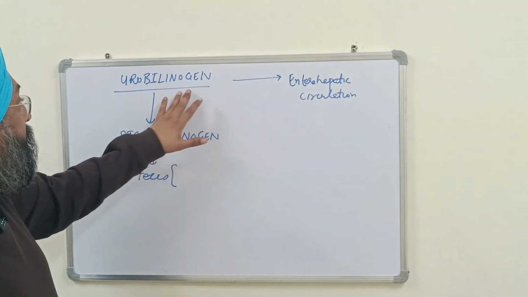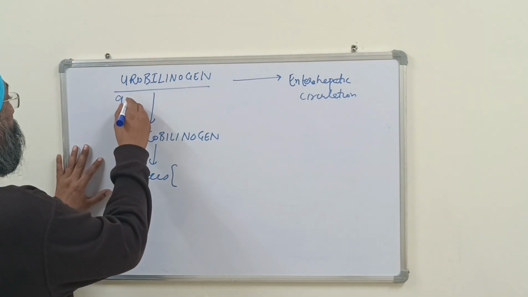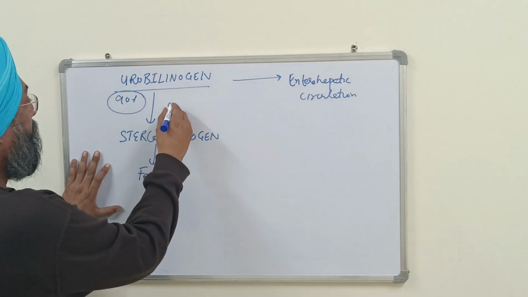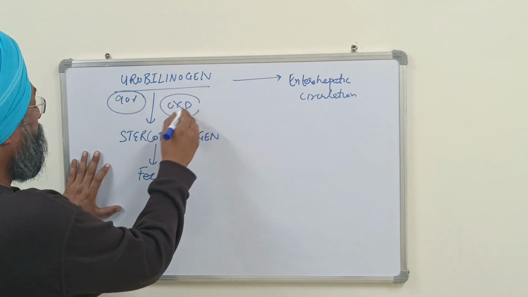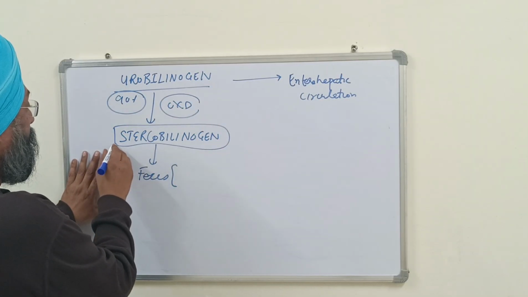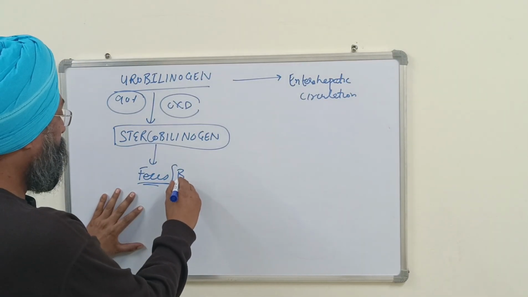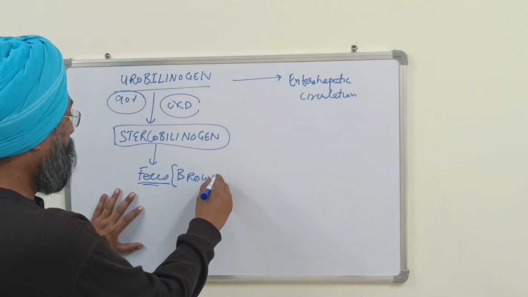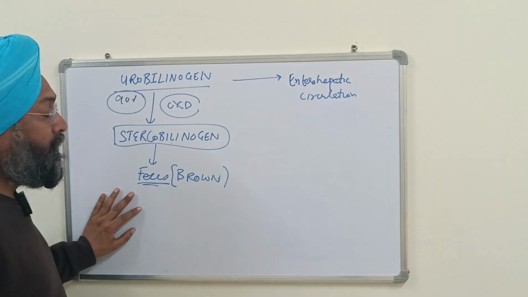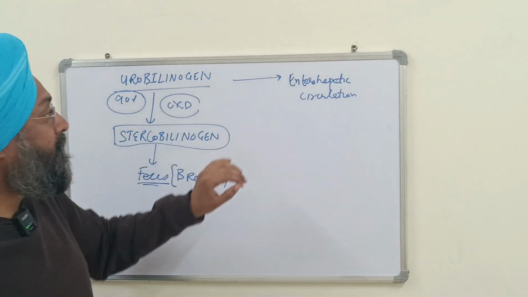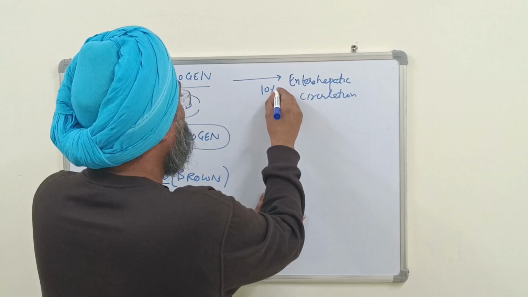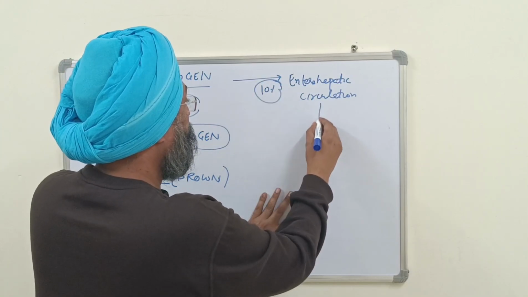Now of this urobilinogen, 90% is oxidized and converted to stercobilinogen and excreted into feces. The brown color of the feces is due to this stercobilinogen, and 10% will enter enterohepatic circulation.